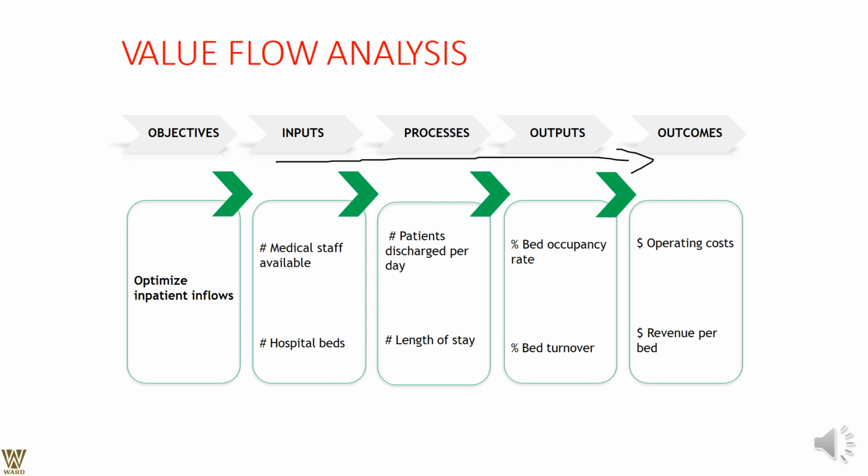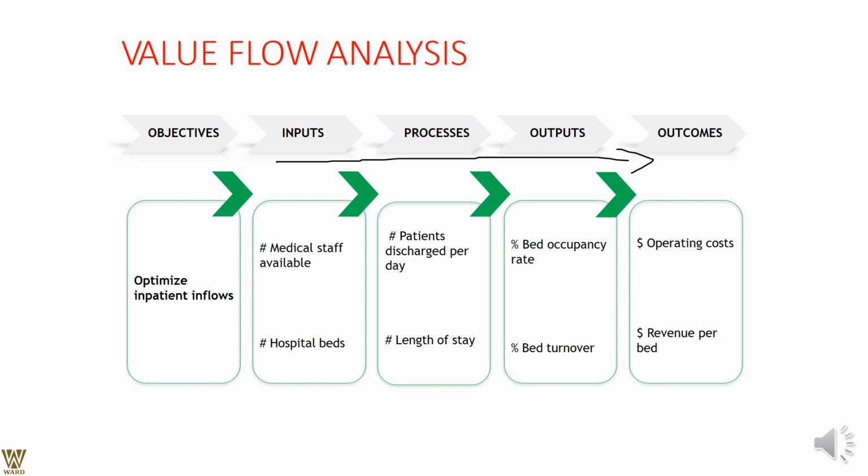Now, how do we go with the objective? As in the inpatient flow that comes around it, in terms of resources and any material that comes around, optimize the inflows. Then we'll talk about the availability of the staff. Now there is the process. If it is a service industry, it is the length of stay.